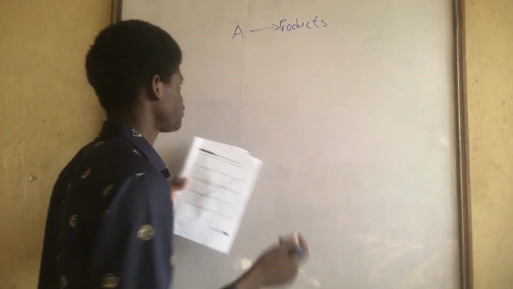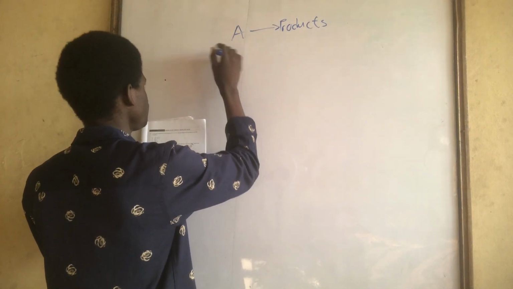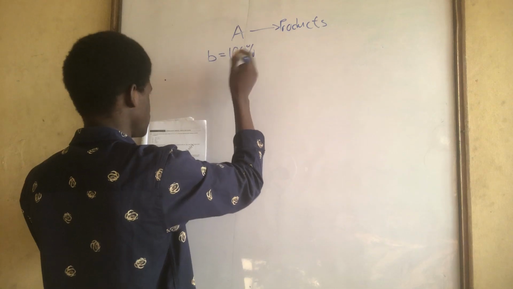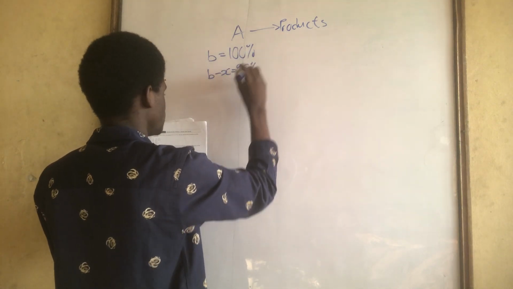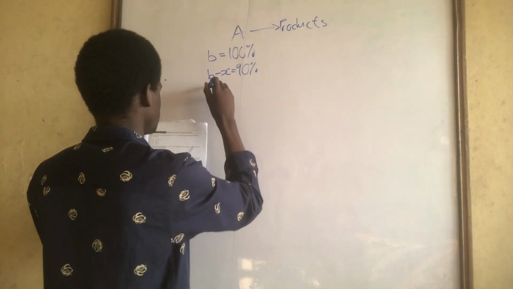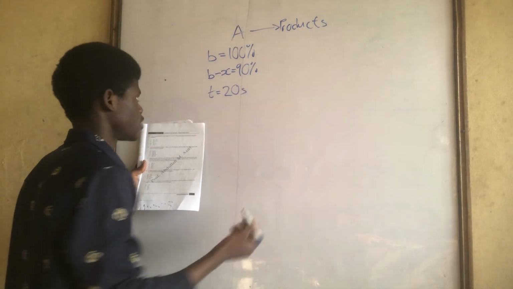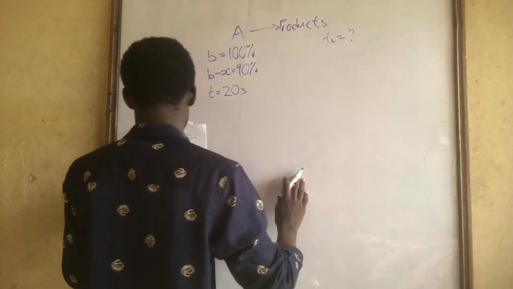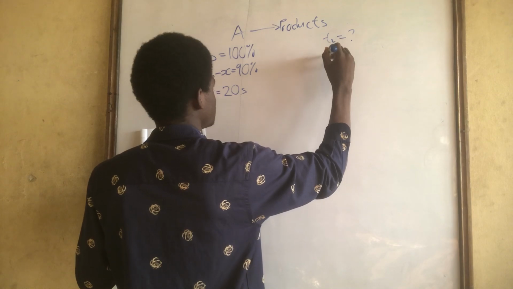So for the first scenario, the initial condition is always 100%. They said if it is 10% complete, that means it is 90% incomplete after 20 seconds. Then they are asking us for T2: how long would it take for the reaction to be 90% complete?